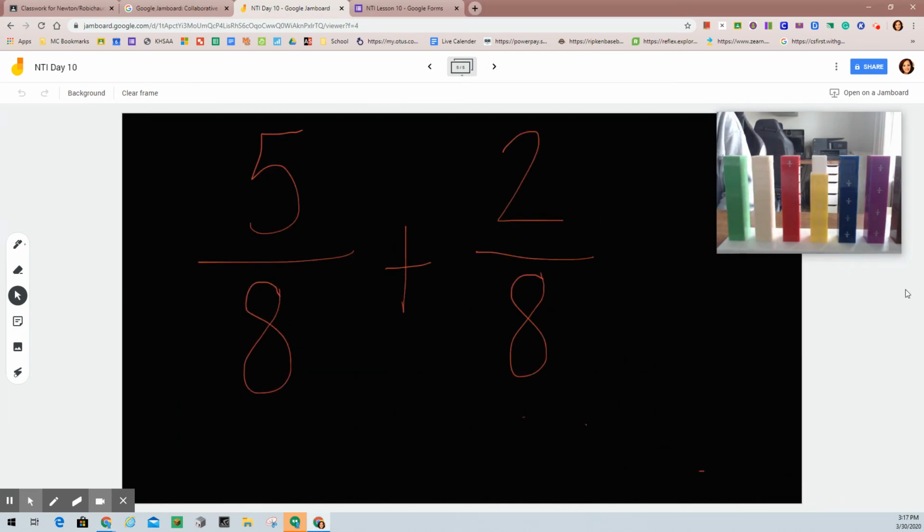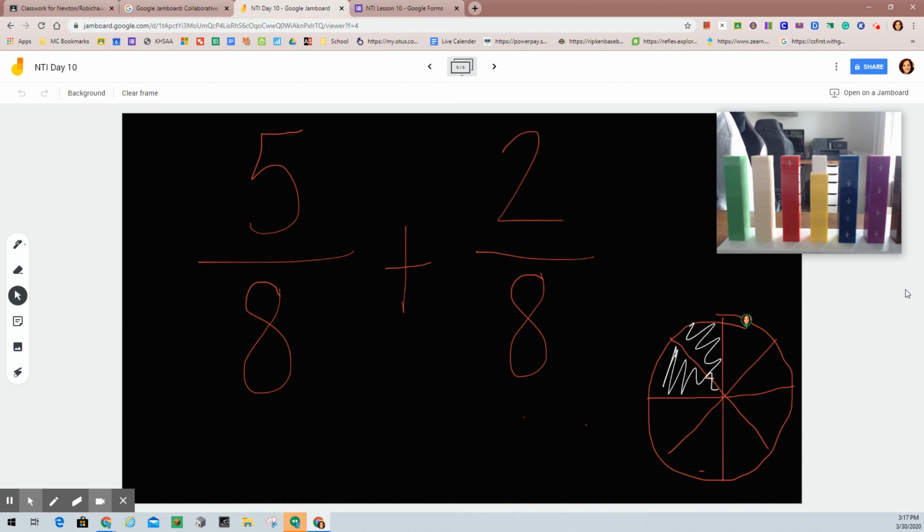Last example. I have 5/8 plus 2/8. All right, well, I said whenever we divide things into eighths, I always like to draw them out in the circle, the pie diagram. So there're my eighths. Okay, I'm going to color in 5/8. 1, 2, 3, 4, 5.